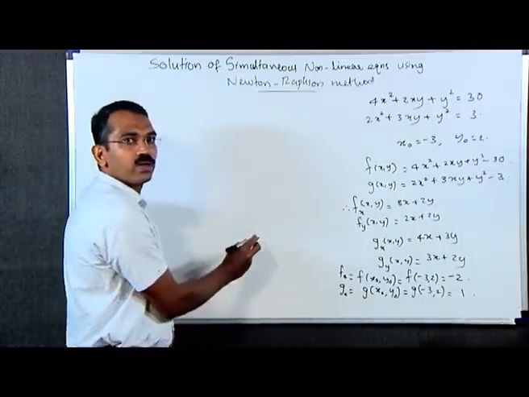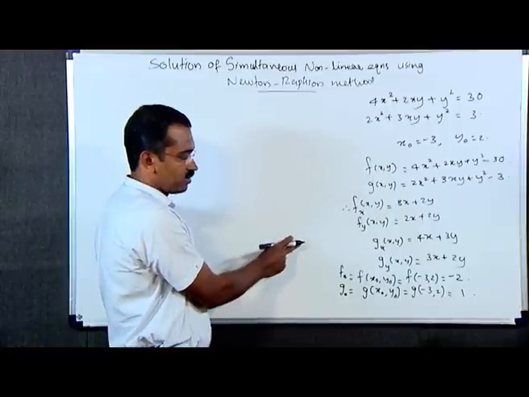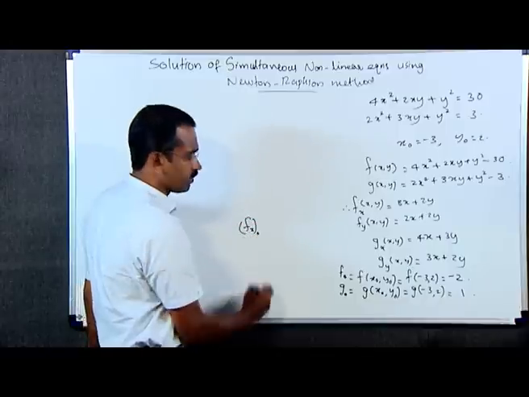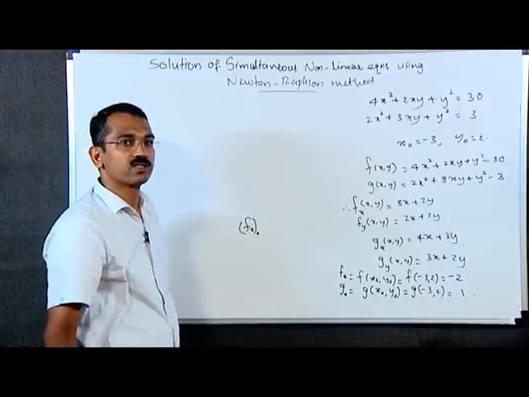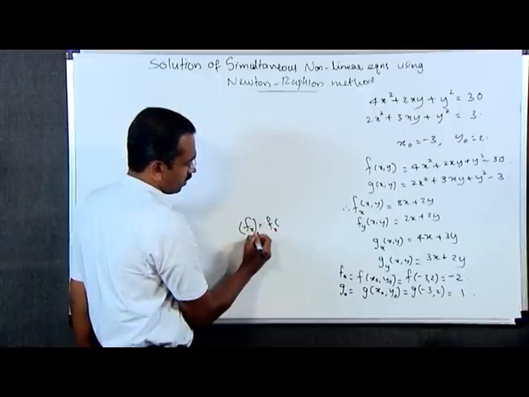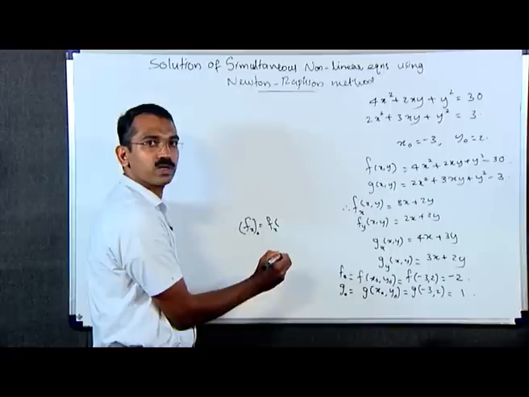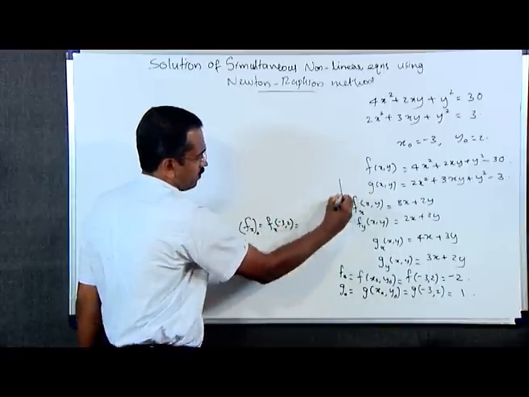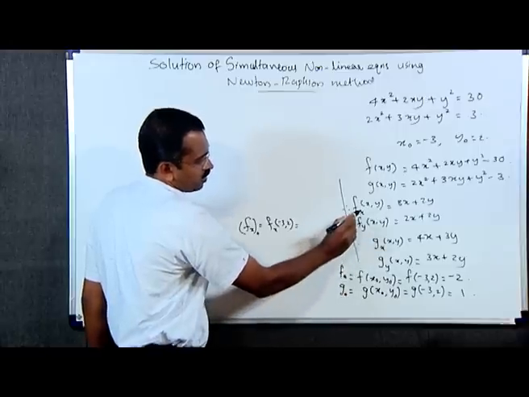Now, fx naught means the partial derivative of f with respect to x at x naught y naught, which is minus 3 comma 2. This is fx.